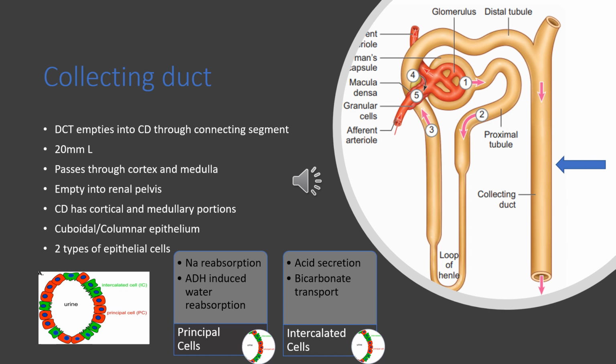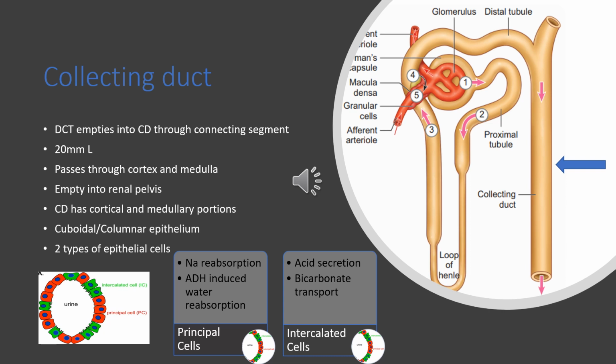Thus, the collecting duct has got two parts, cortical portion and medullary portion. The cortical portion is called as the arched collecting duct, and the medullary portion is called as the straight collecting duct. The medullary portion is further divided into outer medullary part and inner medullary part.